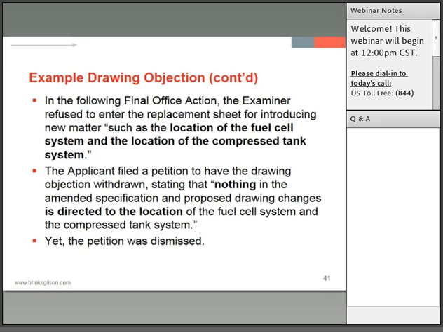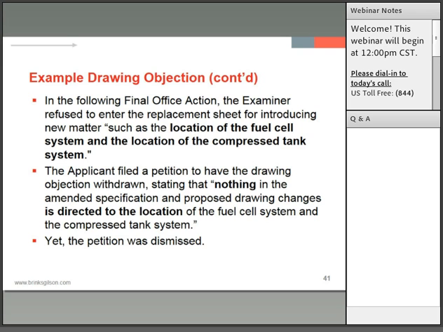The examiner issued a final office action and rejected or objected to the drawings again because the drawings added new matter. It said the drawings were showing the location of the fuel cell system and the location of the compressed tank system on the vehicle. So now remember, that's not even a real vehicle. It's just an enhanced box, right?